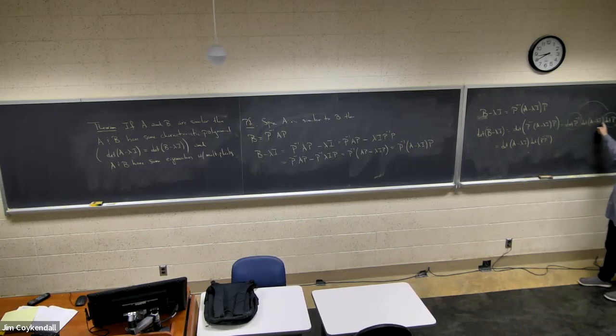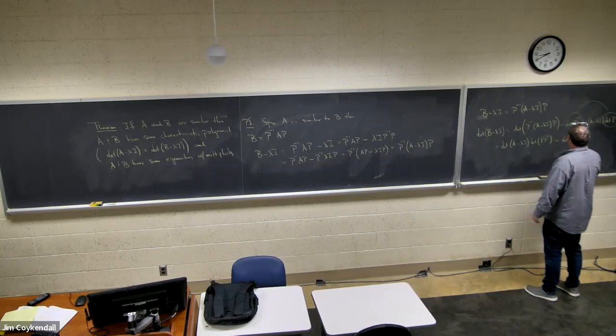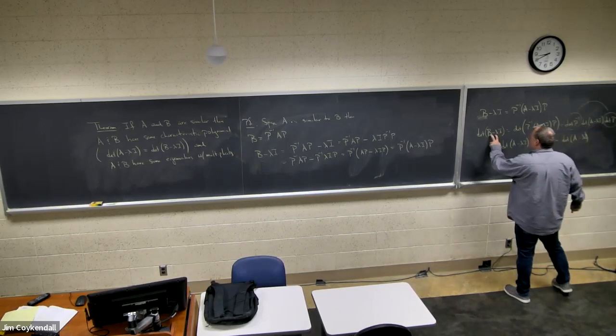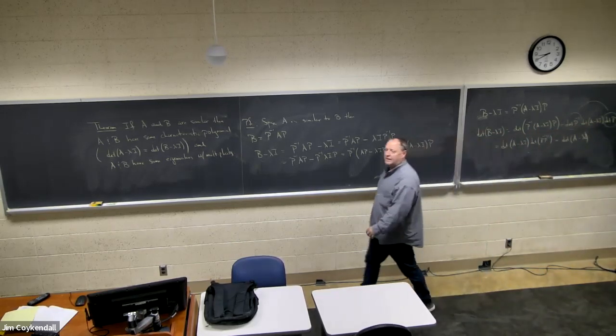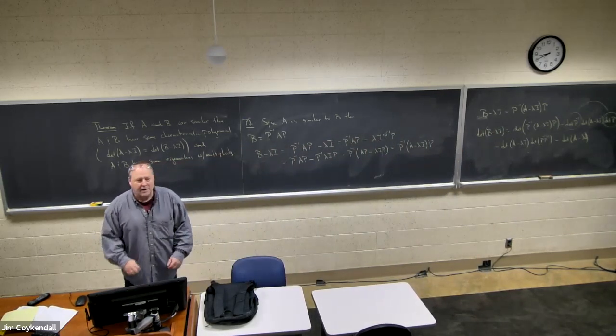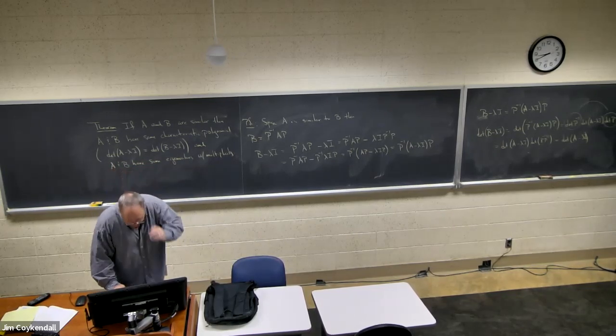The reason I can turn these around here is because the determinant is just a number. So here, the determinant of B minus lambda I is the same thing as the determinant of A minus lambda I. That means these two things have the same characteristic polynomial, and hence they have the same eigenvalues, with multiplicity.